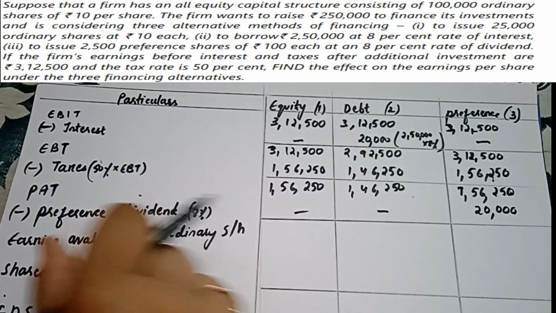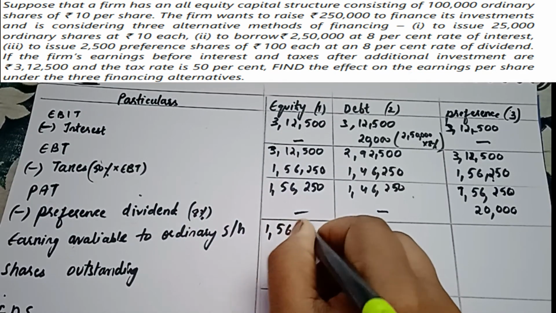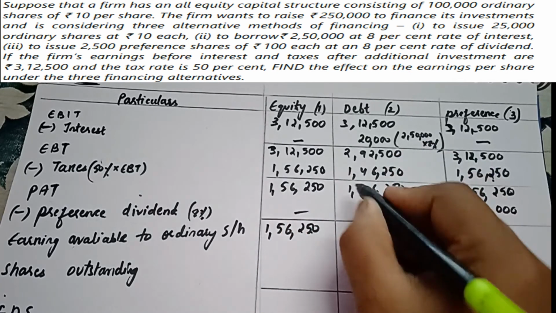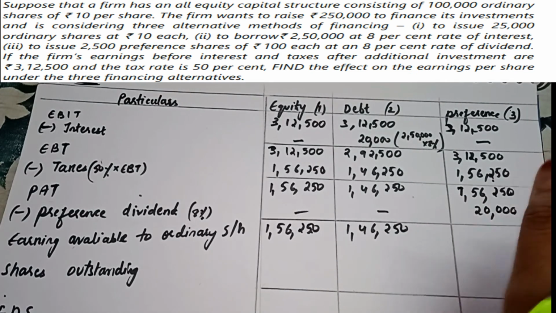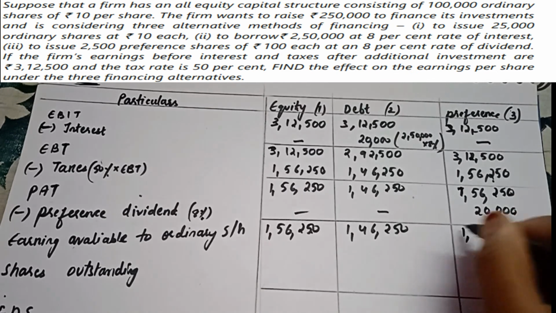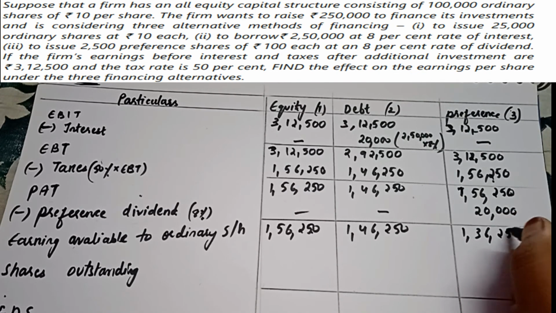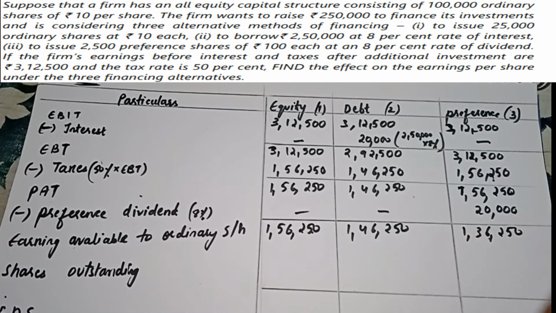Now let's see earnings available to the equity shareholders. The whole thing is available to equity shareholders here. What amount is available herein? 1,46,250. And in option 3, 1,36,250, right? So these are the earnings available to the equity shareholders under the 3 options.